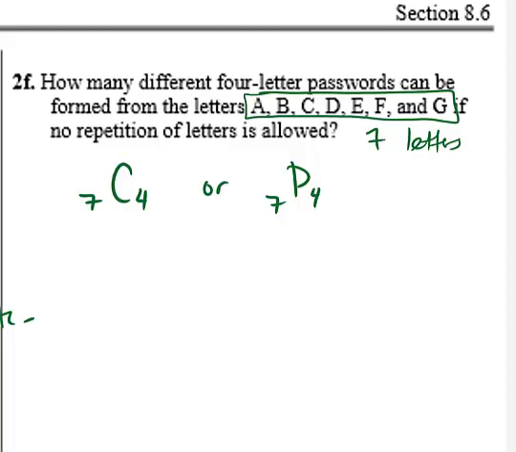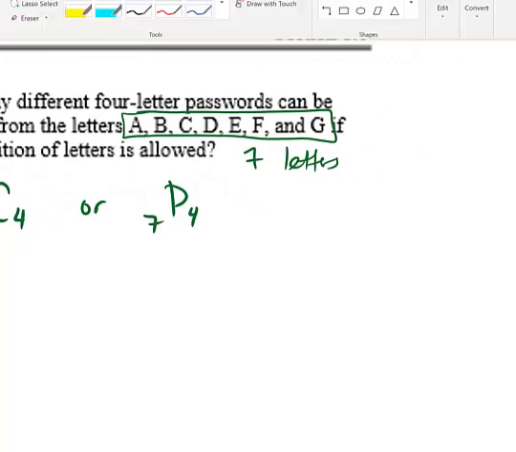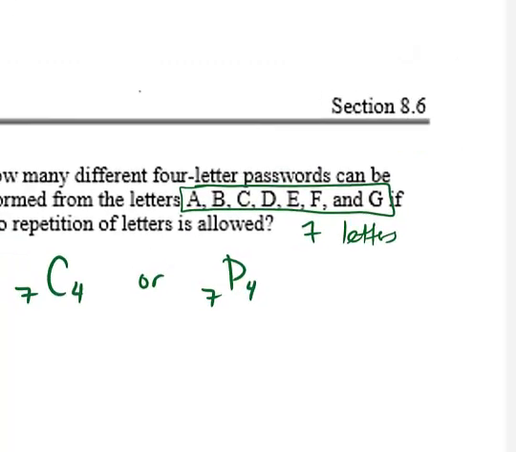How many different 4-letter passwords can be formed if no repetition of letters is allowed? Well, does order matter in a password? I'd say yes. Let's say the letters I chose are A, B, C, D, just to make it simple. What if I mix those up and write C, A, D, B? Those would be different passwords, right?